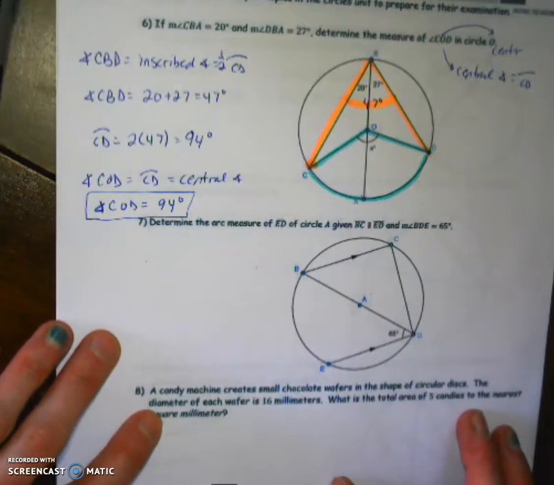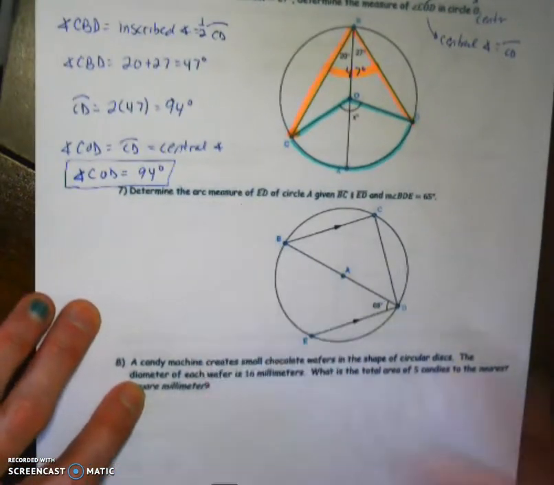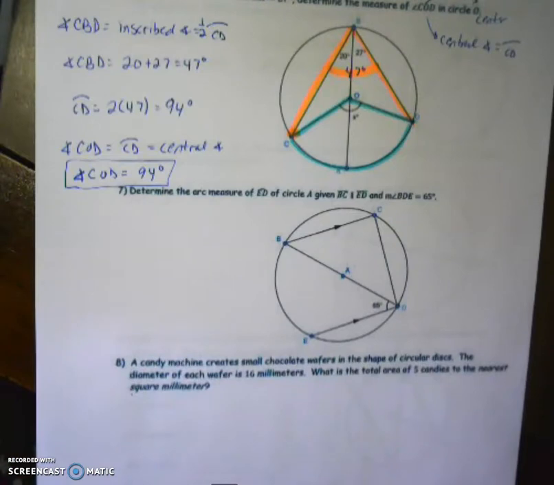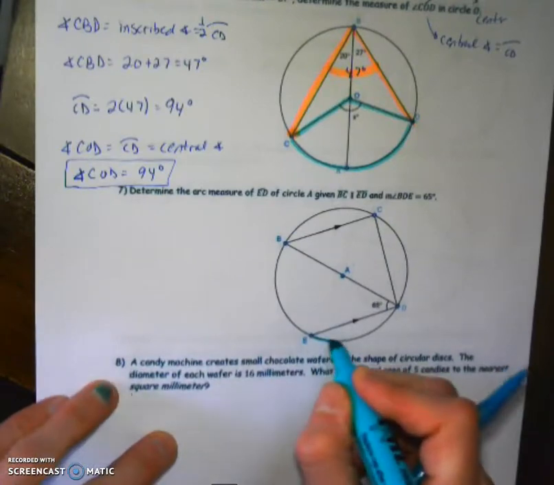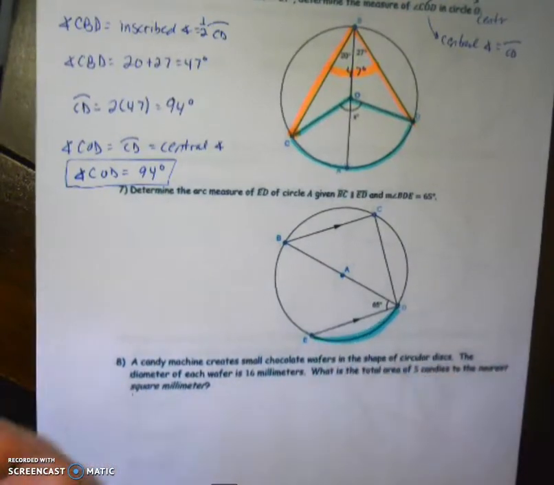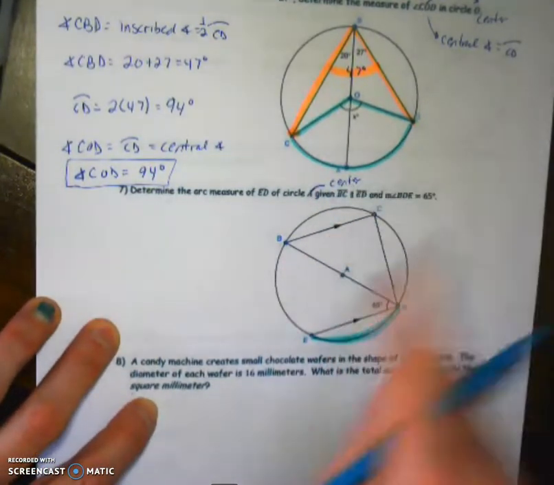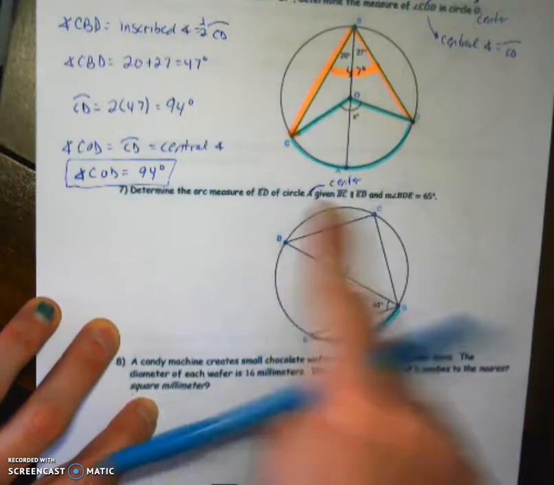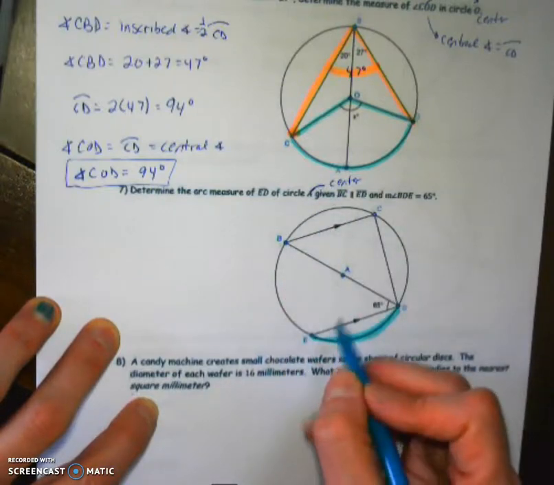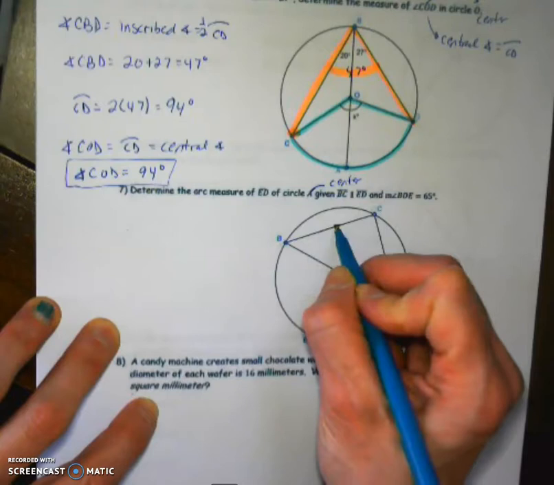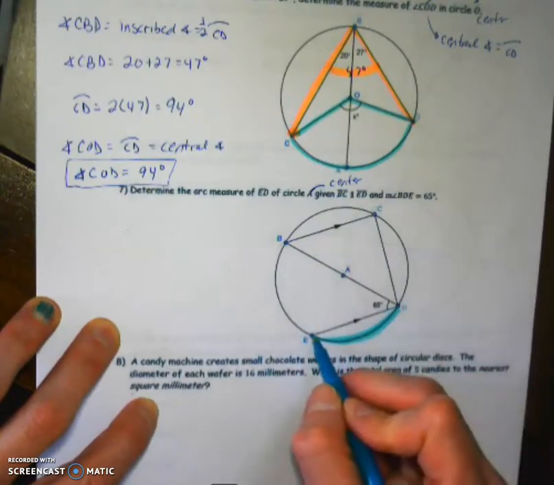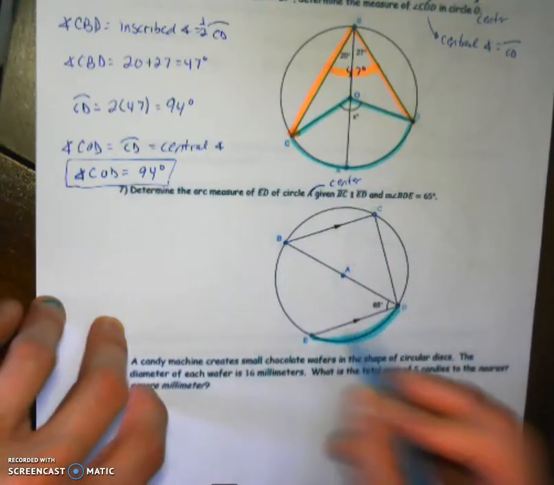Number 7. Determine the arc measure of arc ED. So we're ultimately looking for the measure of this arc here. Of circle A, right, which means A is the center since circles are named by their center. And they're also telling you that line segment BC, with this arrow, is parallel to line segment ED with this arrow. Oh, wow, look at that.